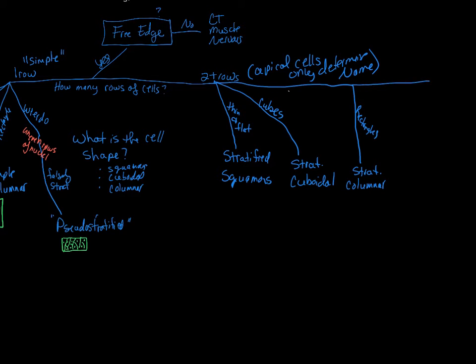And then finally, we have the weird one. Are the apical cells dome-shaped or bubble-shaped? In which case it is called transitional. Okay? And again, I can go ahead and I can draw a picture of this.